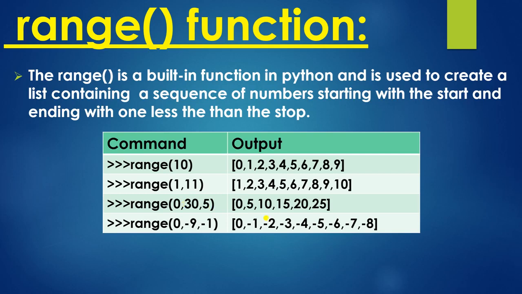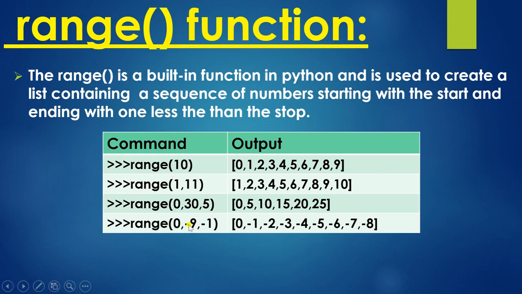So 0 plus 5, that is 5. After this again 5 will increase, then 10, then 15, then 20, then 25. Why will 30 not come? Because the range will be 0 to n minus 1. So the last element is 29. That's why this 30 will not come.